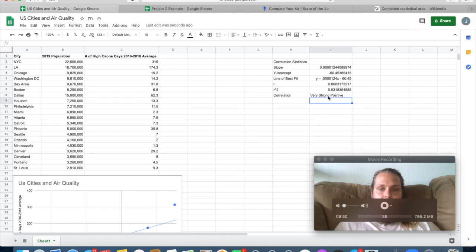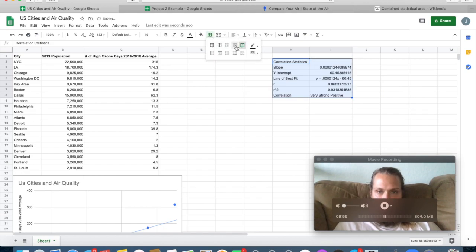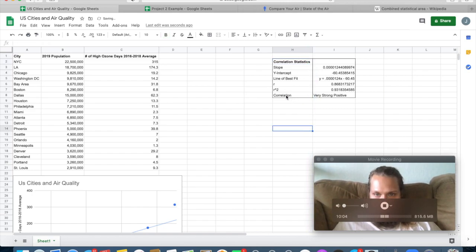And I know it's very strong positive just from R. Okay, so again, you pretty much have to understand the unit to dominate the project as well. But correlation, if we wanted to describe it in words, always comes from the R value. So if R was 0.86, we know that's a really high correlation coefficient. So that's how you could find every statistic on Google Sheets.